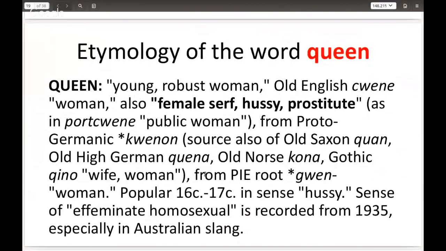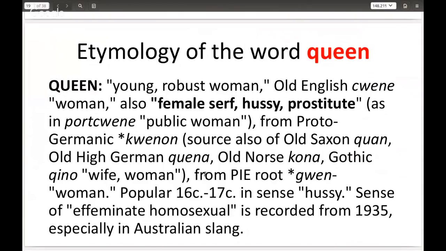So now when we think of queen, especially in the conscious community, we think of it more in terms of royalty, but that's not its historical association. The word queen, young, robust woman, also means a female serf.